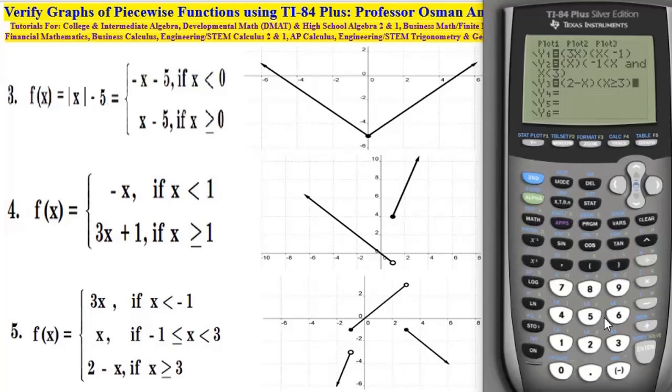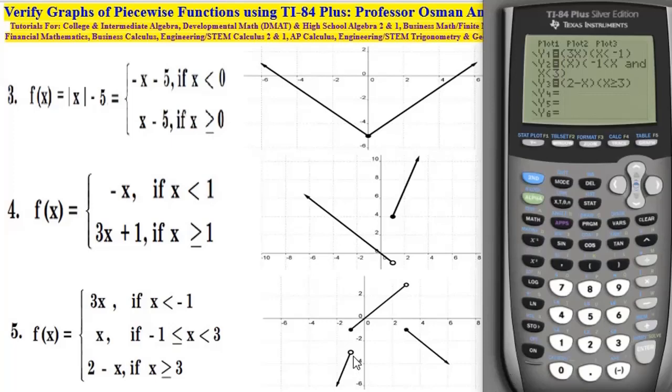Okay, so it is 3x if x is less than minus 1, and it is x if x is between minus 1 and 3, and it is 2 minus x if x is greater or equal to 3.